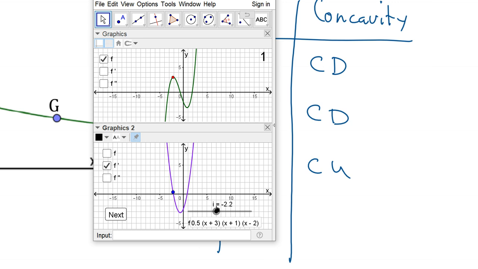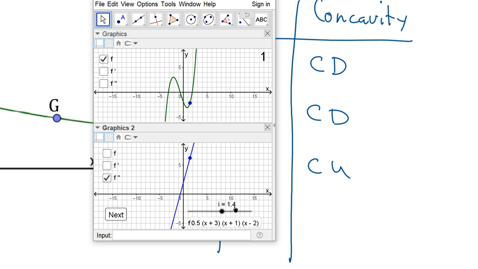This is what we already know. This is not new. Okay? Then the function switches to decreasing, and the first derivative is now negative. Then the first derivative goes to positive, and we notice that that is where the function is increasing. And we already know x-intercepts of the first derivative line up to turning points or other things, critical points, in the original function, right? That's what we already know.